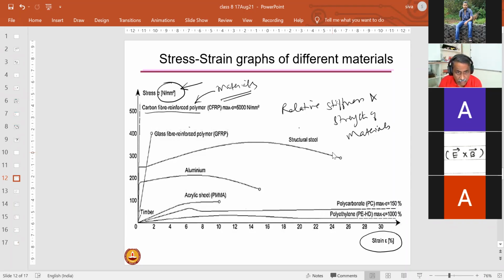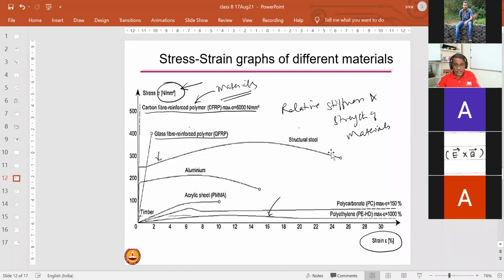This is a carbon fiber polymer, CFRP, fiber reinforced polymer. And this is a glass reinforced polymer. This is steel that I'm looking at. This is aluminum. Look at this polyethylene. What some of your plastic bottles are made of. Very, very small, right?